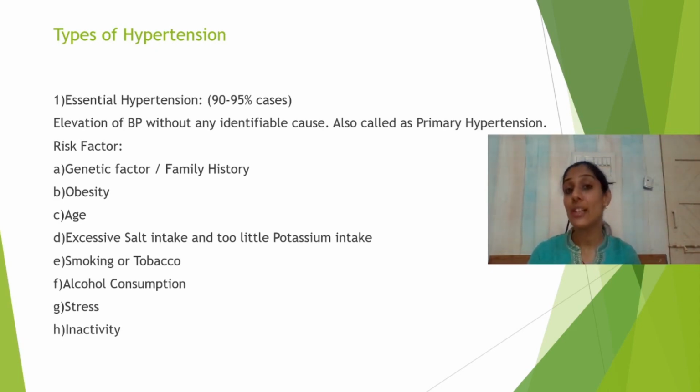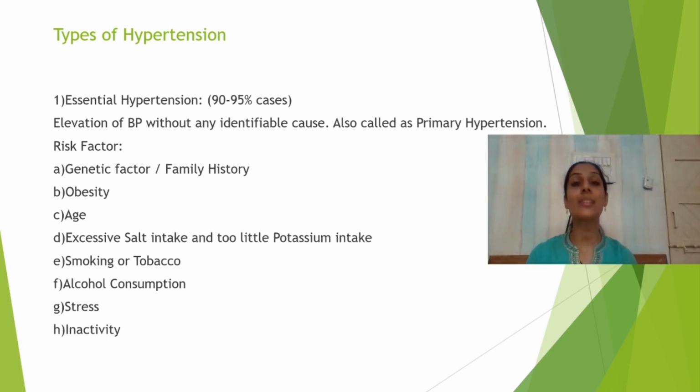And next is age. It is generally found that people at the age of about 65 or less than 65 are more prone towards hypertension, and women above 65 are also more prone towards hypertension. Then next is excessive salt intake and lower potassium intake. These two electrolytes go together.